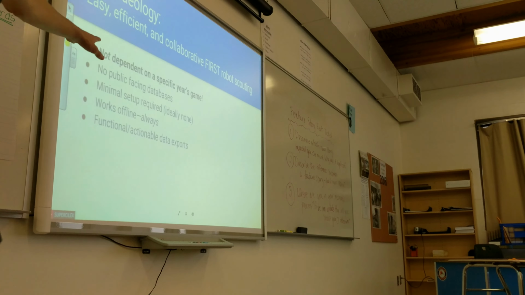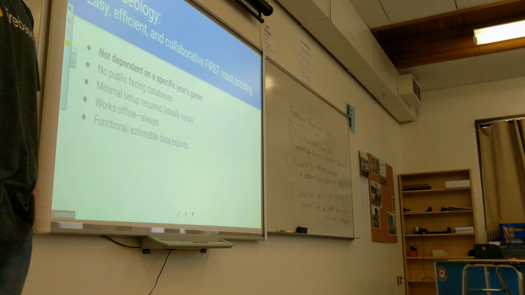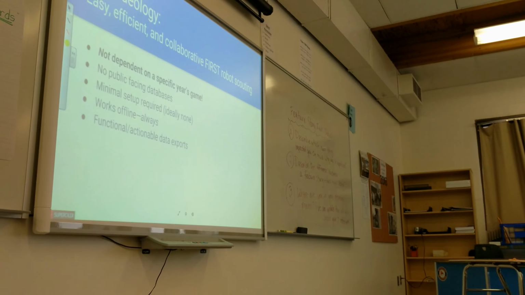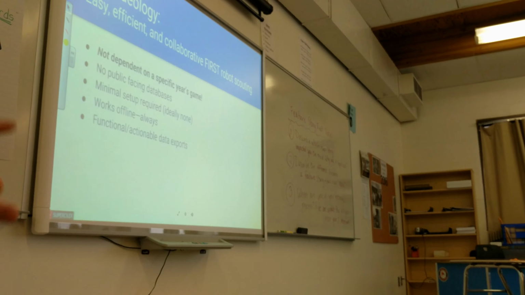And then the next one, not being dependent on a specific year's game. For most apps or systems I've seen, it's all year-based, so there's a specific template for the year. The idea here is that the user can build their own template from the app.